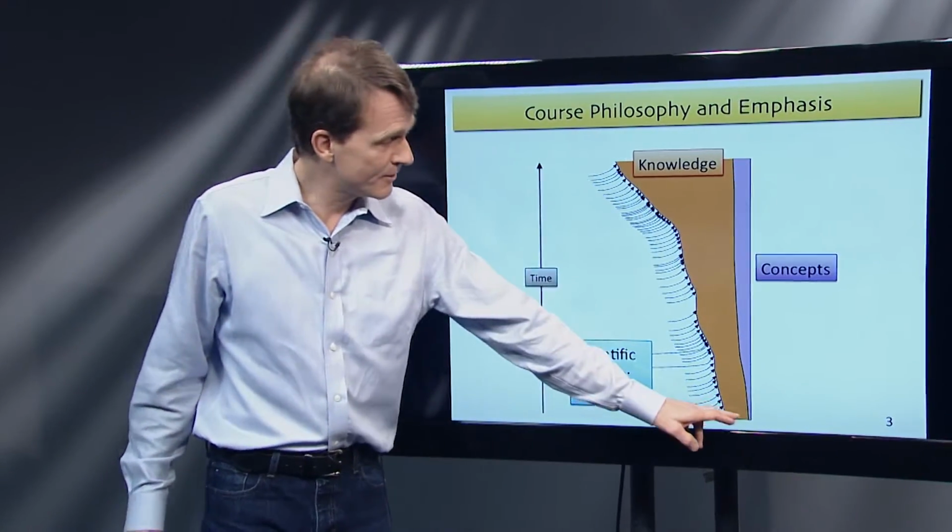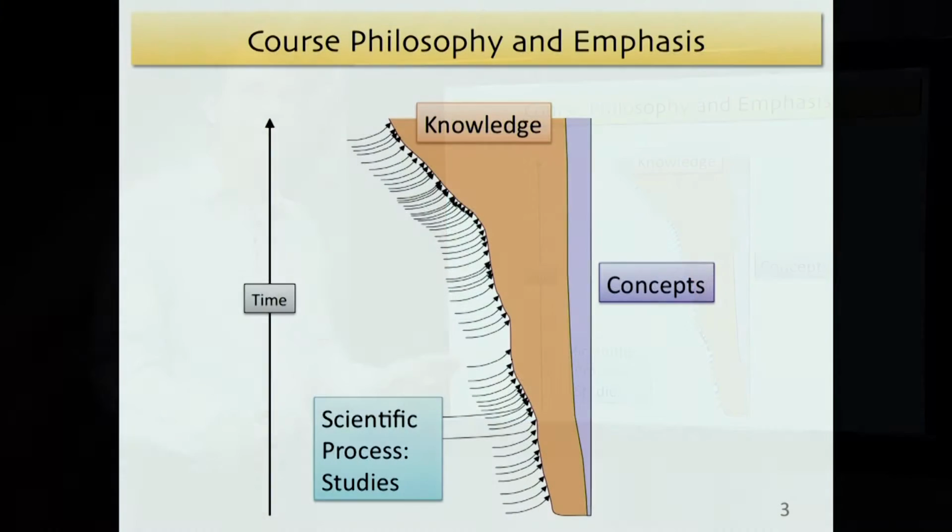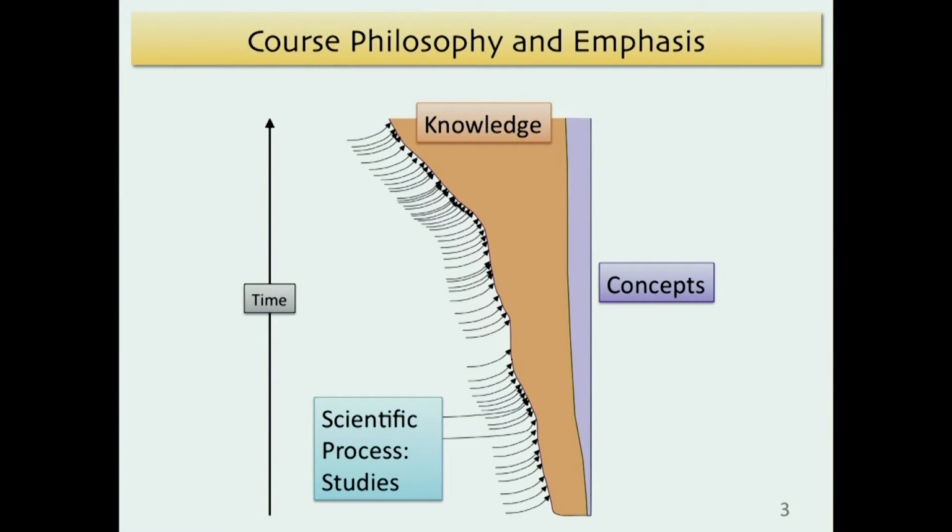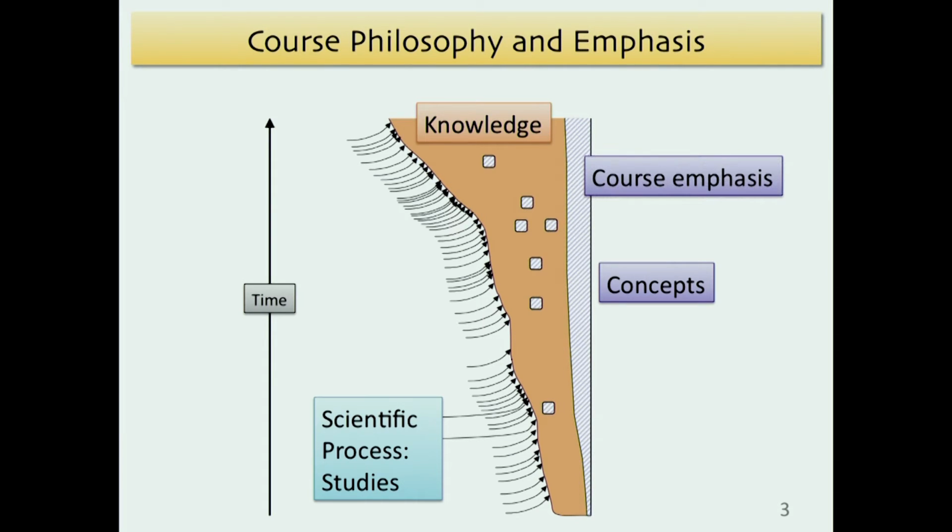Concepts accumulate over time as well, but there are far fewer of them, and they are much easier to understand than all of the details. So in this course I'm going to focus on the concepts, and then illustrate them with specific individual details that bring life to these concepts, so that you have an anchor upon which you can imagine and understand things when you're presented with these concepts in the future.